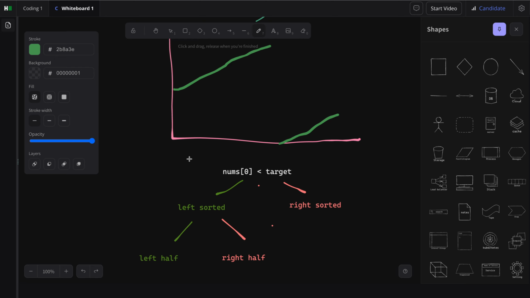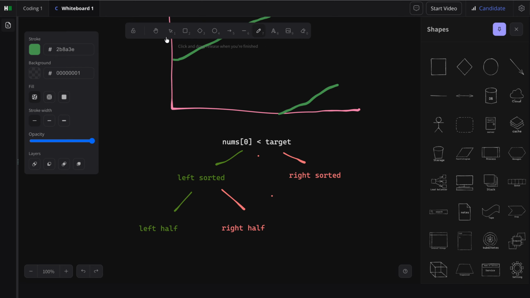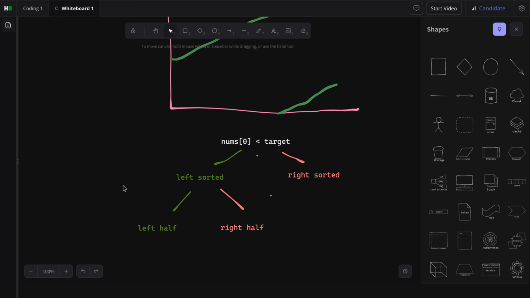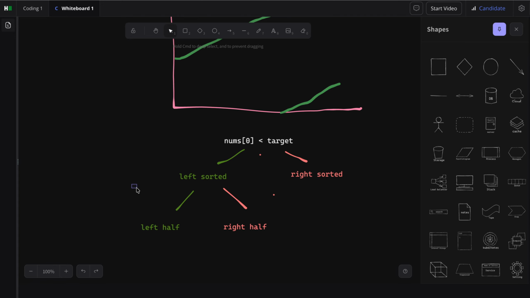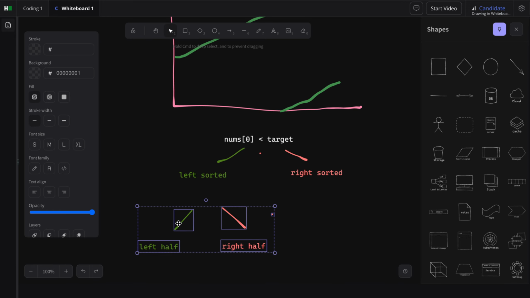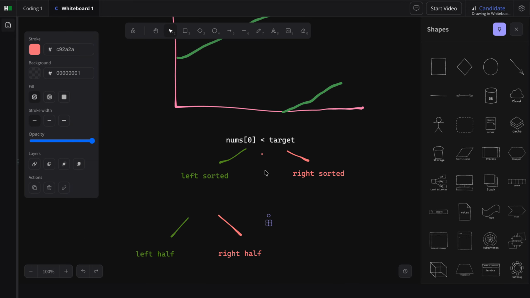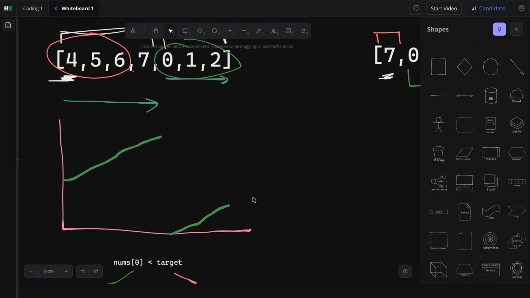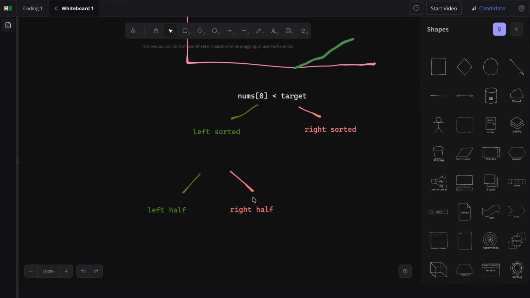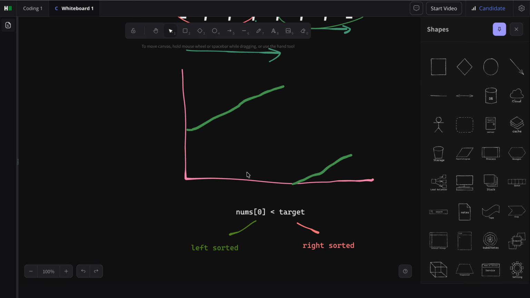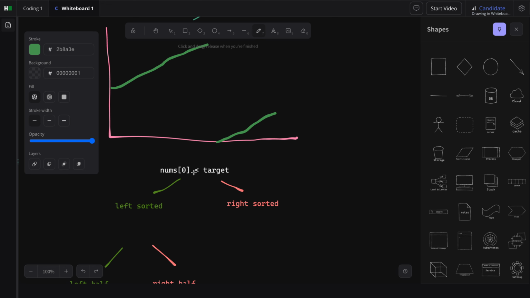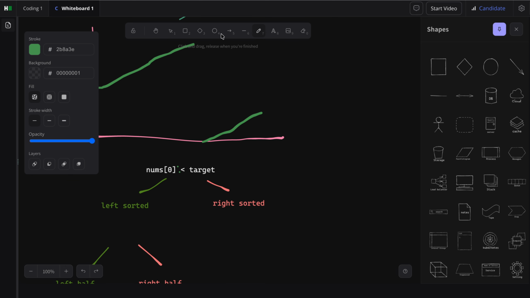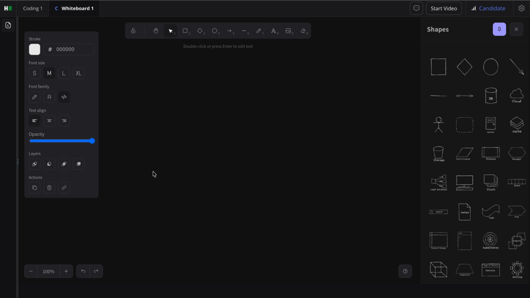What's the condition? I guess we can use our knowledge from before, meaning the binary search question that we did over here.